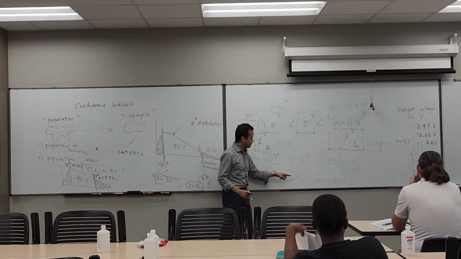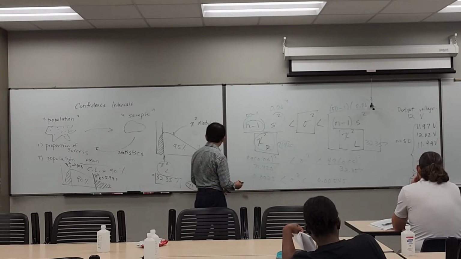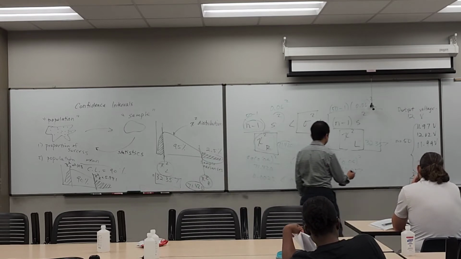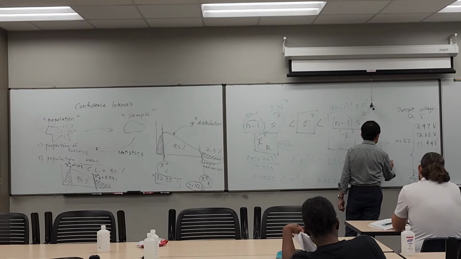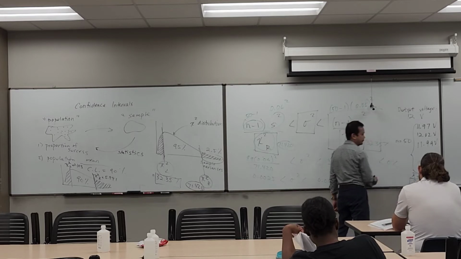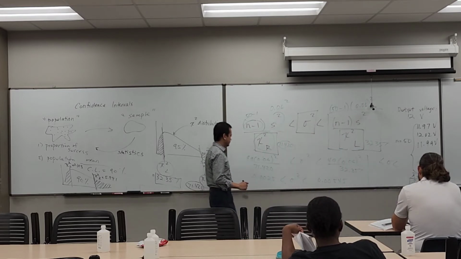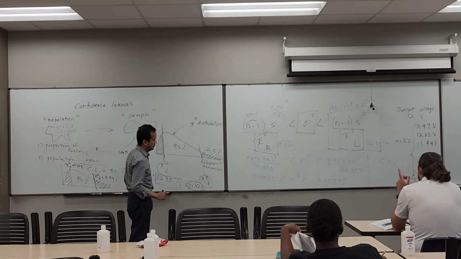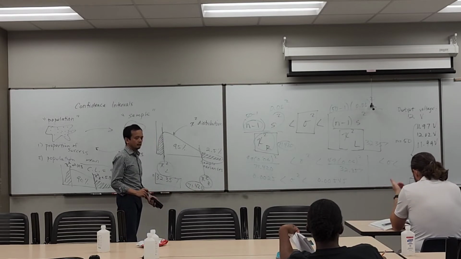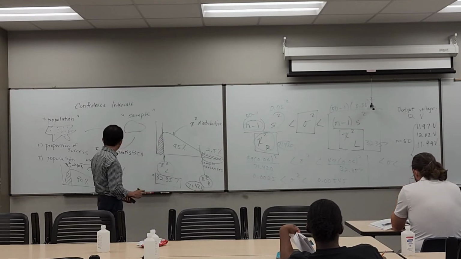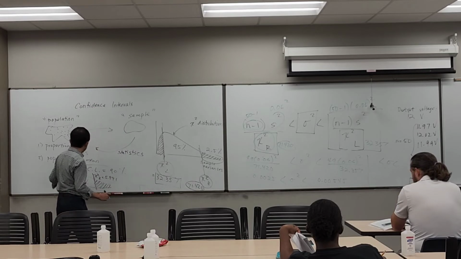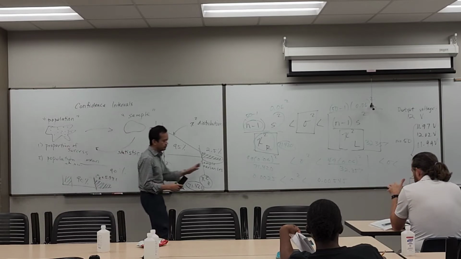So if the true variance is between these two numbers, then the true standard deviation should be between what two numbers? Between the square root of what you have right there. Going across, okay, very good. So take the square root straight across.